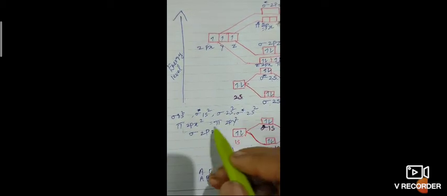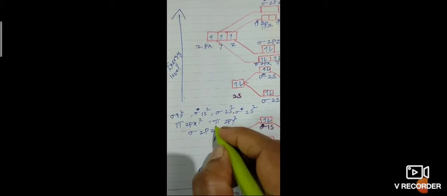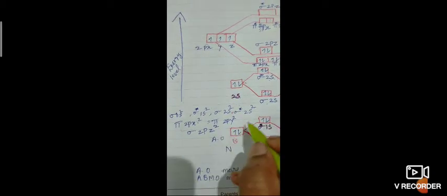So 14 electrons are placed. Now you can calculate the bond order using bonding electrons and antibonding electrons. It comes to 10 minus 4 by 2, 6 by 2, which is 3.